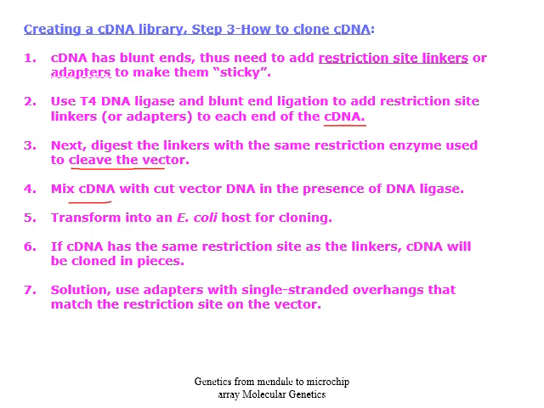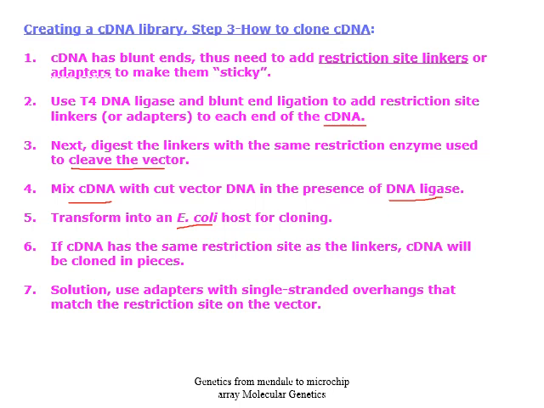Mix complementary DNA with cut vector DNA in the presence of DNA ligase. Transform it into an E. coli host for cloning. If the complementary DNA has the same restriction site as the linker, the complementary DNA will be cloned in pieces.